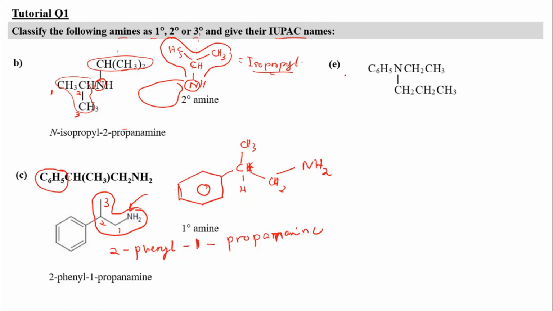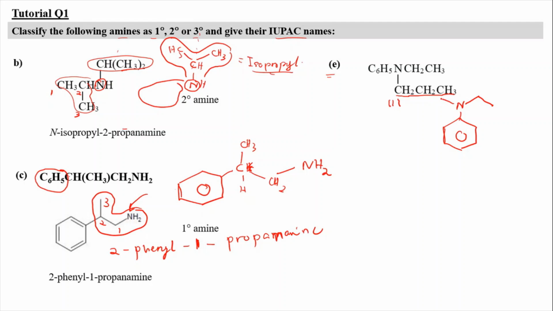Now for the structure E here, we were given C6H5 and CH2CH3, and then we're going to have CH2CH2CH3 here. If you were to expand this structure, what you're going to get is a benzene ring attached with N, and then it's going to have CH2CH3 and CH2CH2CH3.